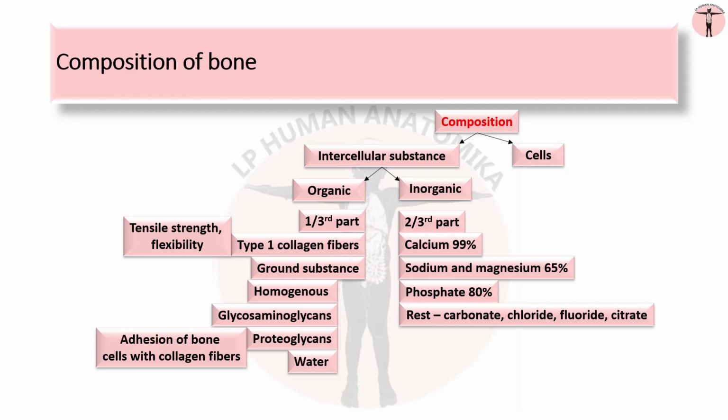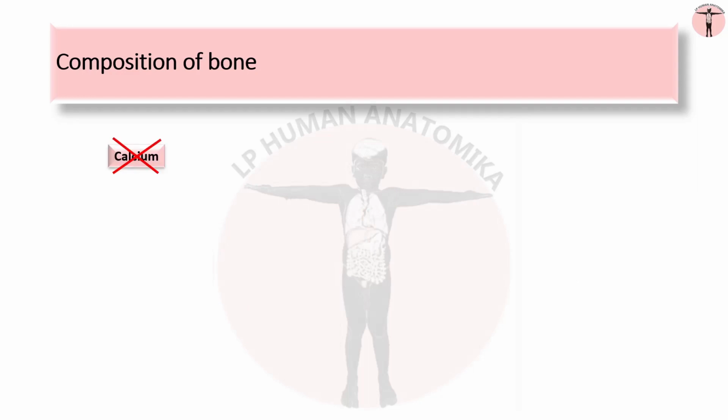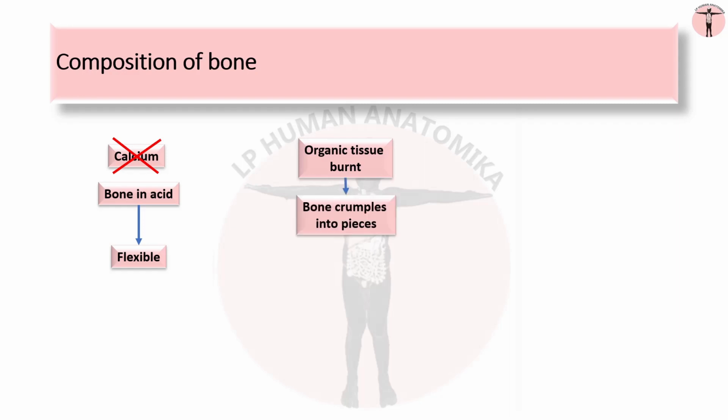They provide enormous rigidity to the bone. If the inorganic calcium hydroxyapatite is removed by putting the bone in acid, it becomes flexible and can be tied as a knot. If organic tissue is removed by burning, the bone crumbles into small pieces.